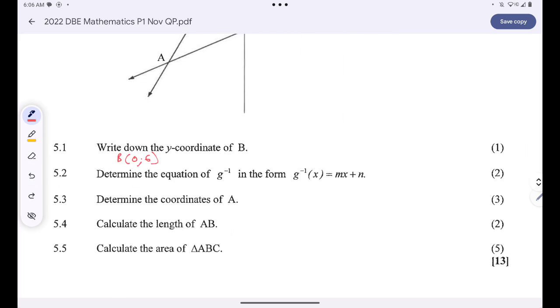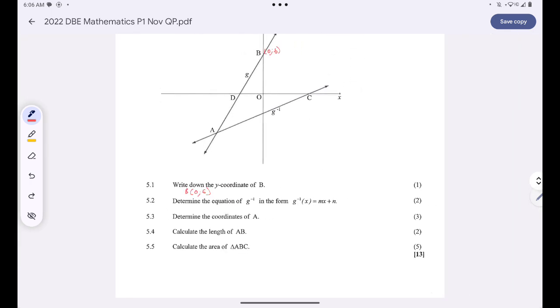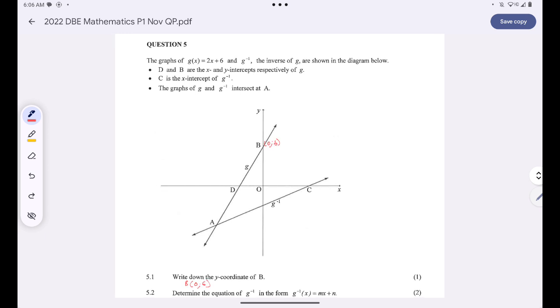Determine the equation of the inverse of g in the form y equals mx plus c. If you have g of x equal to 2x plus 6, for you to find the inverse, you must always reflect your graph on the line y equals x. It simply means whenever you come across y, you substitute an x, and whenever you come across x, you put a y.